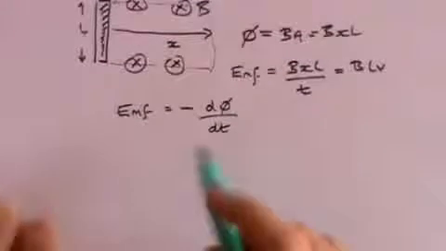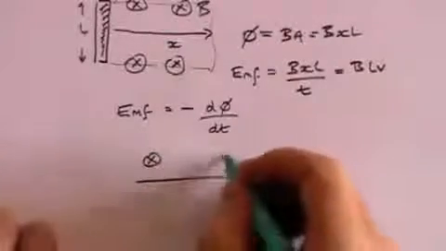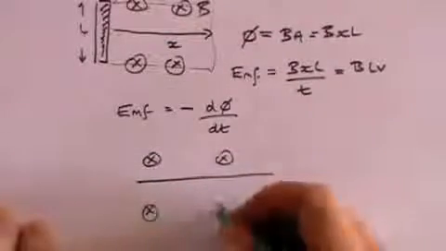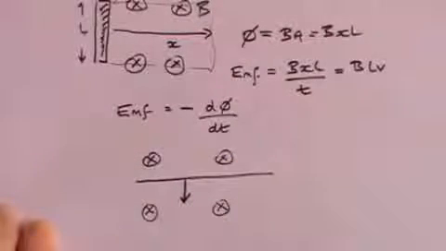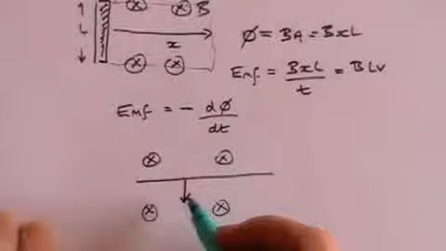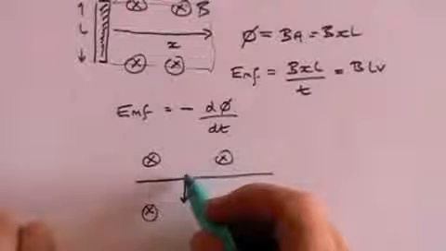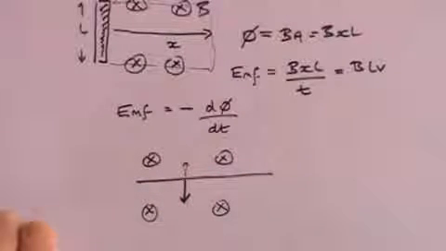So if we take a wire in a magnetic field which is going into the paper, and we physically move that wire downwards, then a current will flow such as to oppose that force. In other words, a current will flow that will tend to cause the wire to go in the other direction, to oppose the force that's causing the current in the first place.